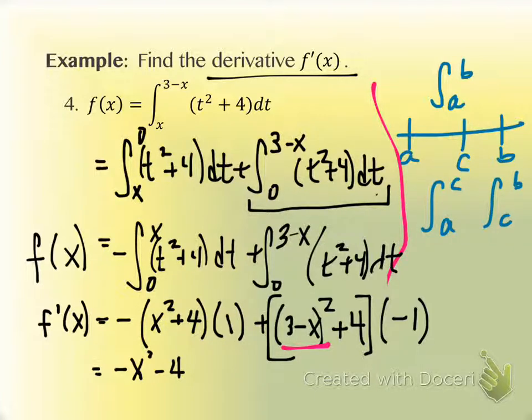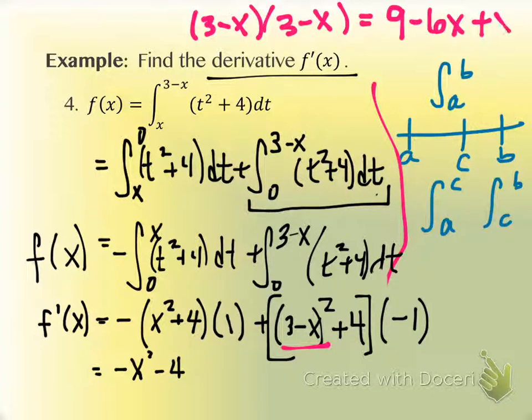So you're going to do 3 minus x times 3 minus x. So if you multiply this out, what do you get? I'll start you out. 9. What's next? 9 minus 6x plus x squared. Good. 9 minus 6x plus x squared. Is everybody okay with that? Okay, great. So that's going to go next, but that's actually supposed to be plus the number 4, and then I'll multiply everything by a negative when I'm done.